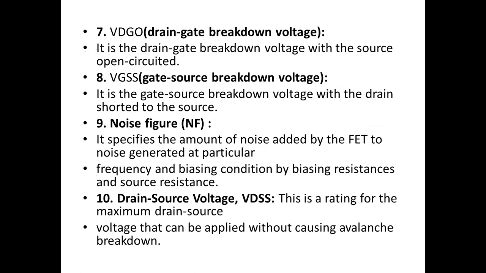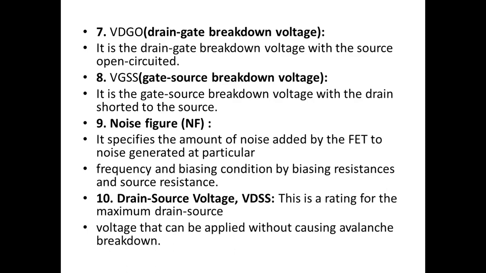And the noise figure, it is an important specification of JFET. It specifies the amount of noise added by the FET to the noise generation at a particular frequency and biasing condition by biasing resistance and source resistance. Drain source voltage.